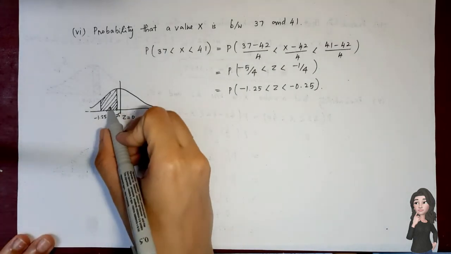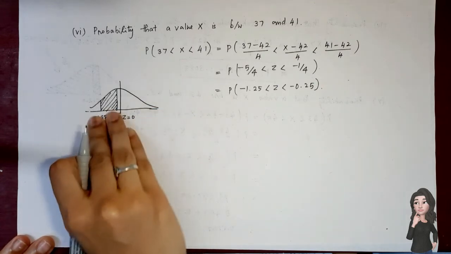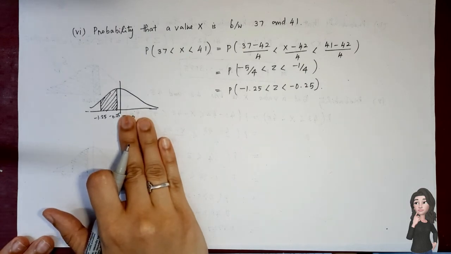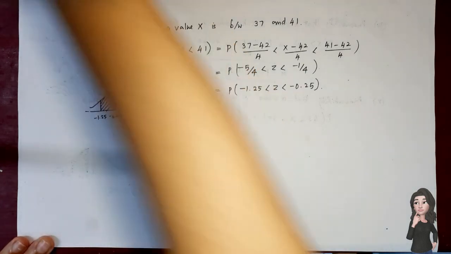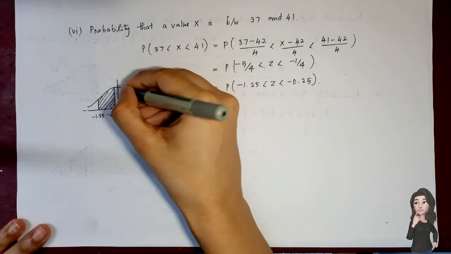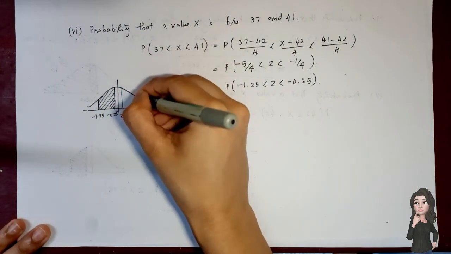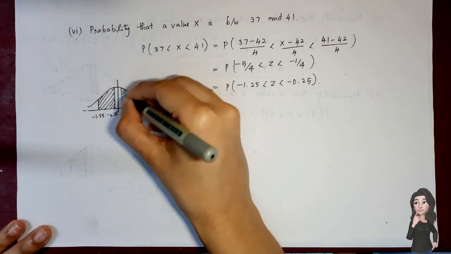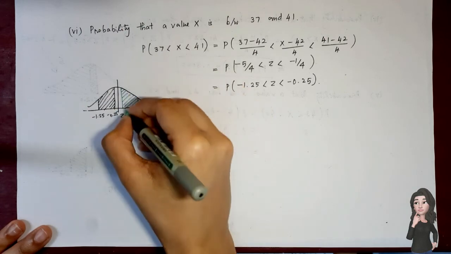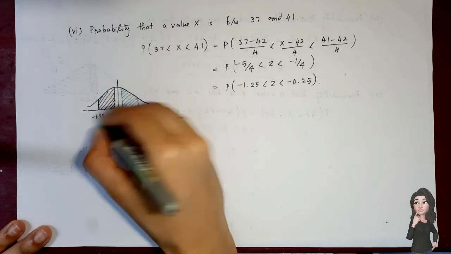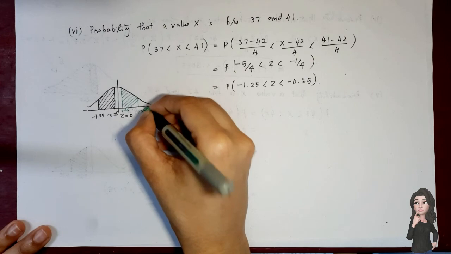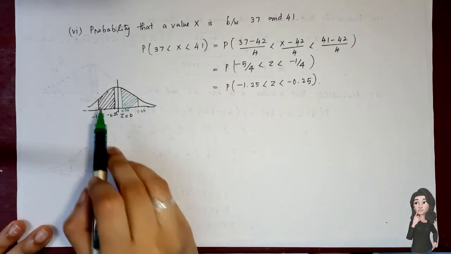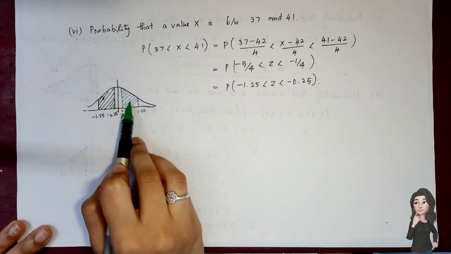In order to find this required area, we can take the reflection of this area to this side. So what will that be? That will be where this is equal to 0.25 and this is equal to 1.25. Since this normal curve is symmetric about z equal to 0, this area is equal to this area.